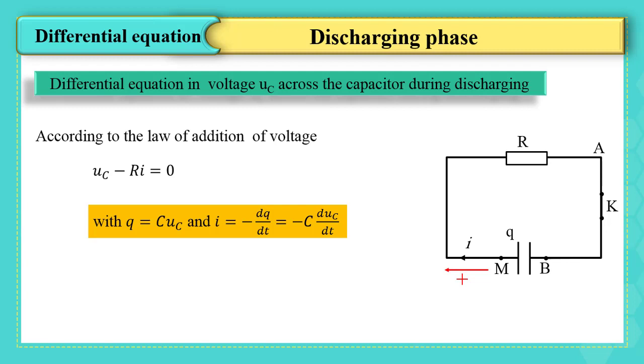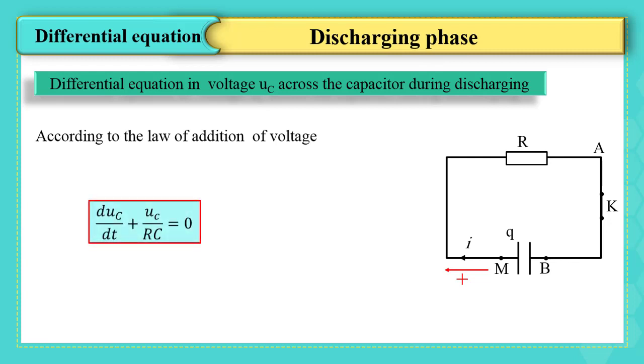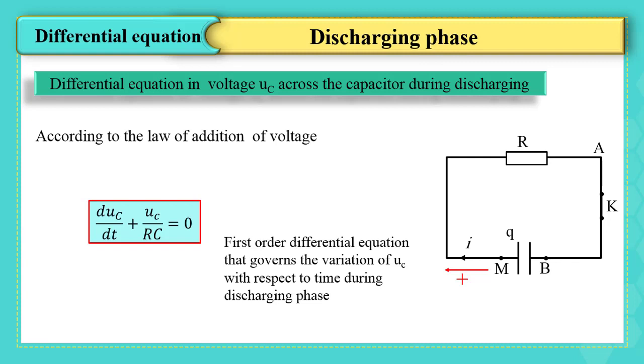The minus sign is to get I positive, so I equals minus C dUC over dt. We replace this expression in the previous equation to obtain UC plus RC multiplied by dUC over dt equal to 0. Then the equation becomes dUC over dt plus UC over RC equals 0, which represents the first order differential equation that governs the variation of UC with respect to time during the discharging phase.